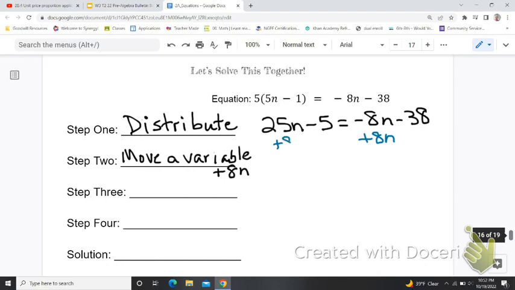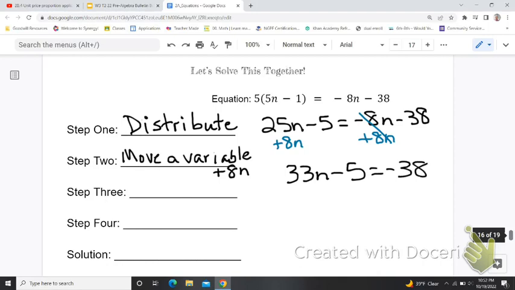It's okay if I do that as long as I also do it over here. Again, you can also think of that as moving it from the right to the left side of the equation, and then when it crosses the line, it would have to change its sign. So then I have 33n minus 5 is equal to -38.